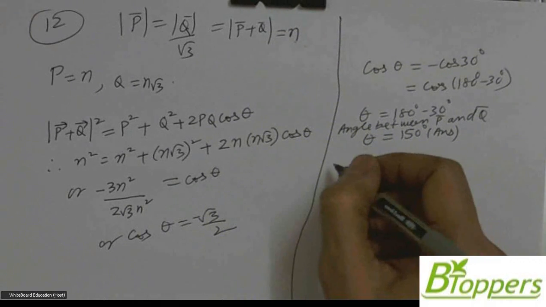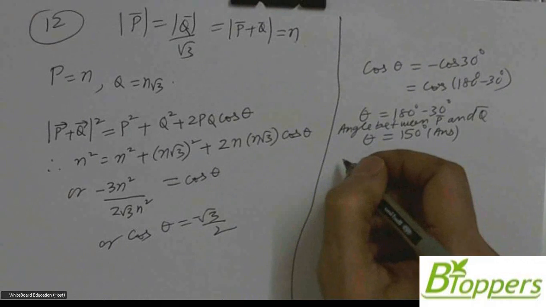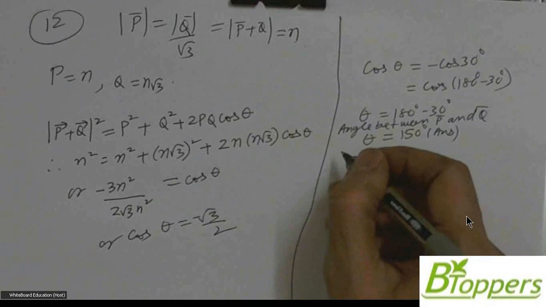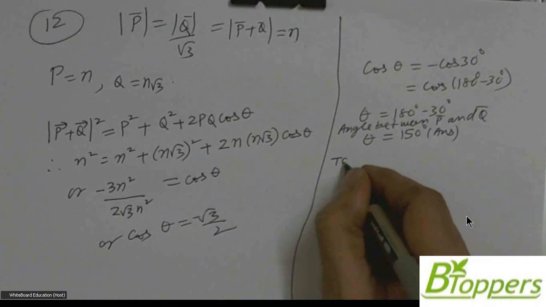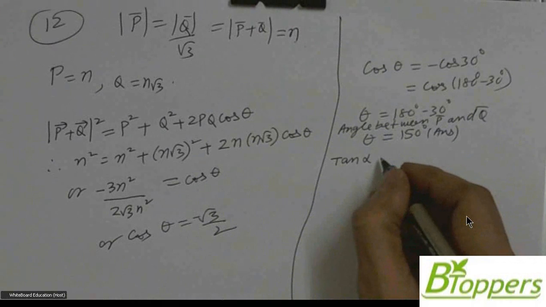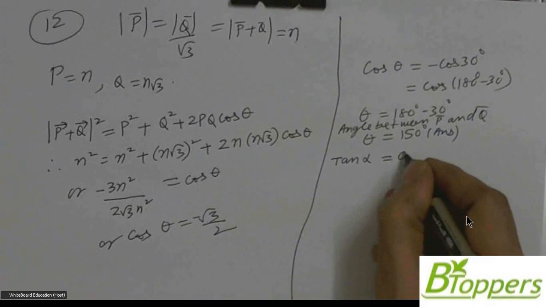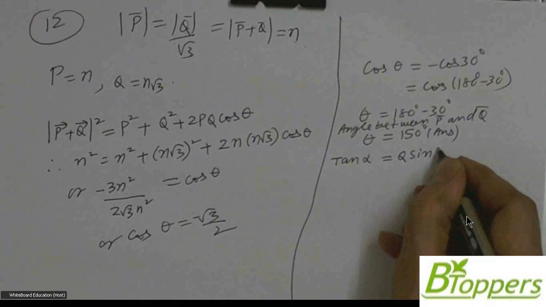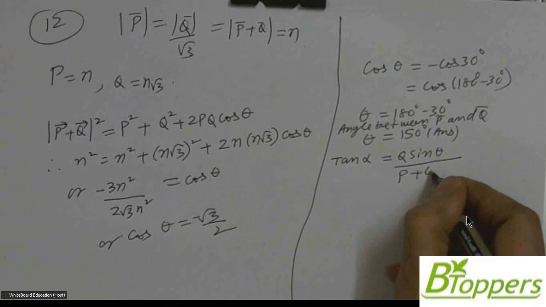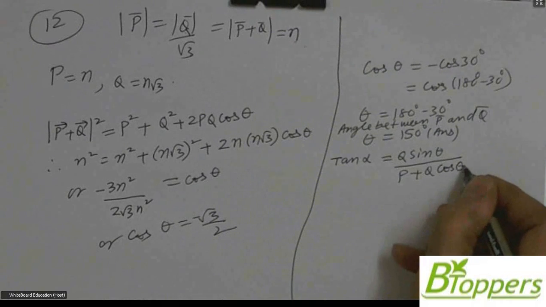Next we are going to find the angle alpha made by the resultant of the two vectors with the first vector P bar. So if alpha is the angle made by the resultant of the two vectors with the first vector P bar, then tan alpha can be written as Q sin theta by P plus Q cos theta.